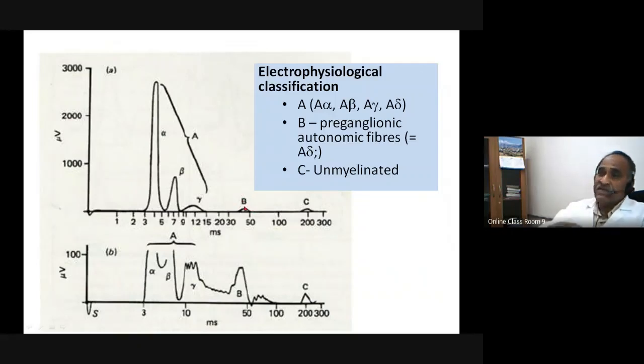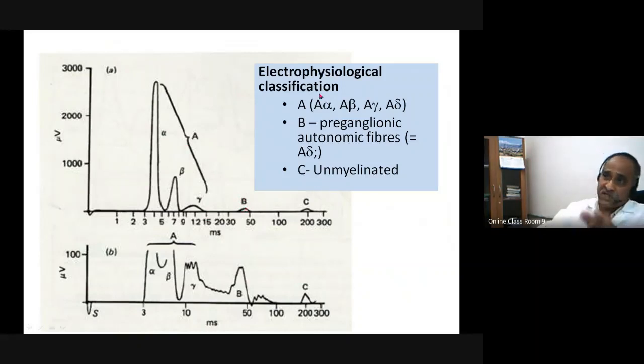The B fibers are only present in the preganglionic autonomic fibers. In the case of a somatic nerve like the sciatic nerve, you do not have these preganglionic autonomic nerve fibers. Here you have A delta fibers, thinly myelinated fibers, and that corresponds to the B here. A alpha, beta, gamma, delta.